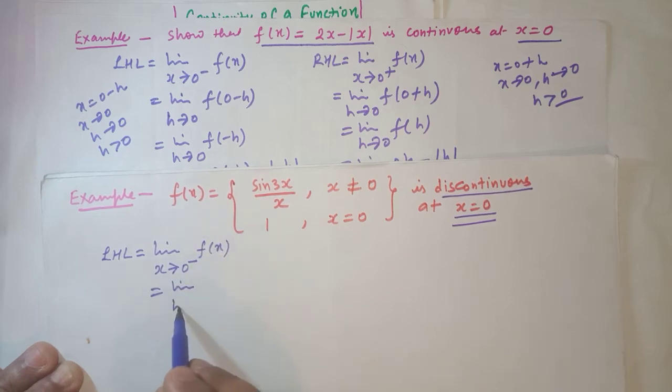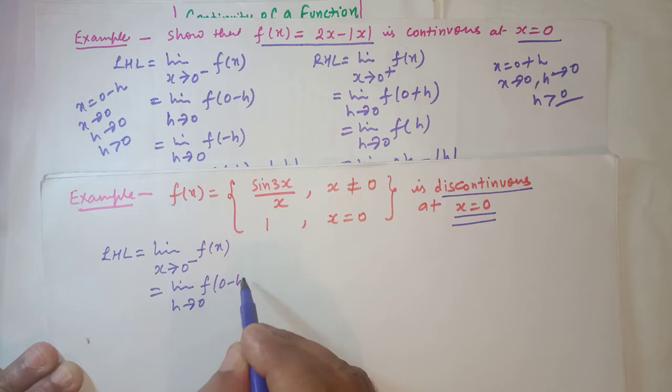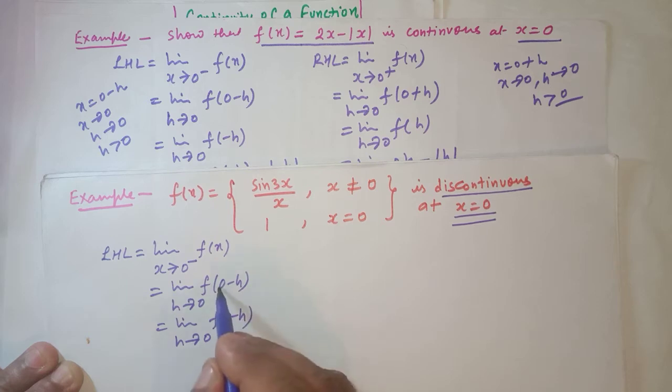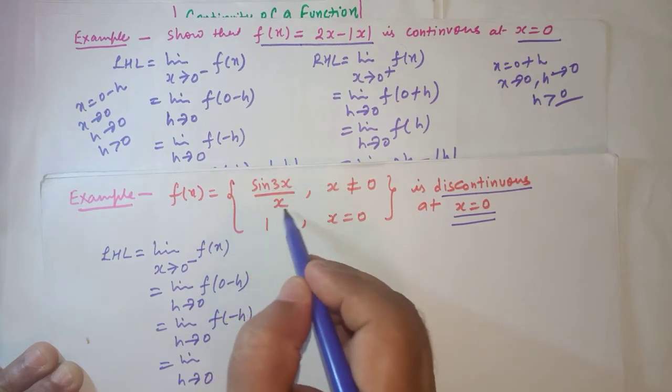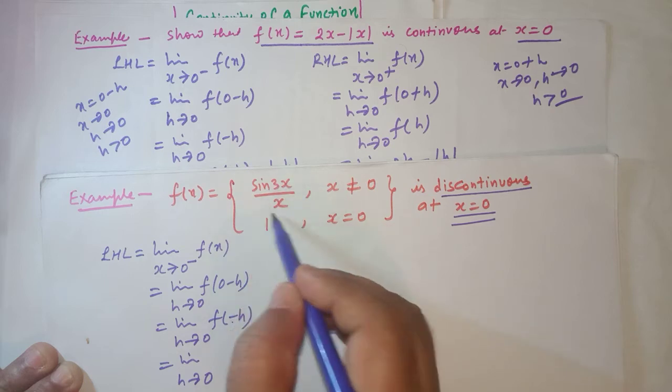Now we'll write it as h tends to 0, as we have done in our previous example. So this is f of 0 minus h, which is equal to limit h tends to 0 of f of minus h, since 0 minus h is minus h. Will substitute the value of x equal to minus h in this function.